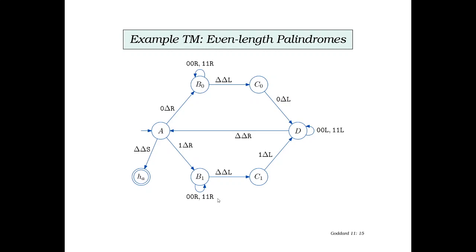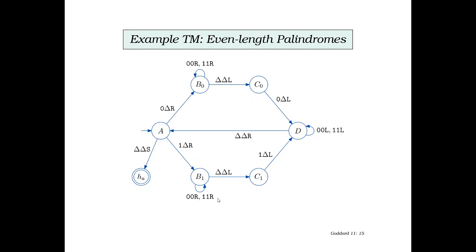So let's look at an example Turing machine. Here we see the different states: A, B naught, C naught, B1, C1, and D. The way this machine works is you start out with the state A. If you encounter a 0, then you write down delta and move to the right.